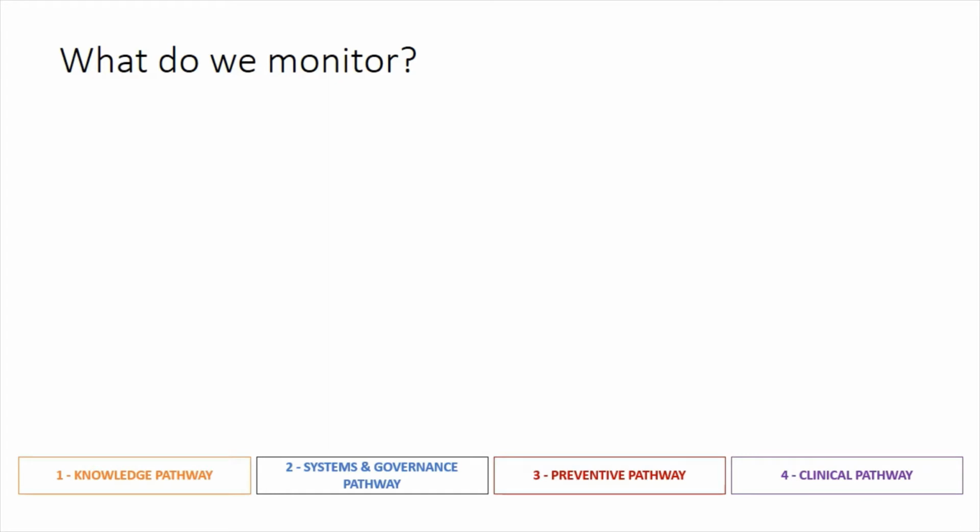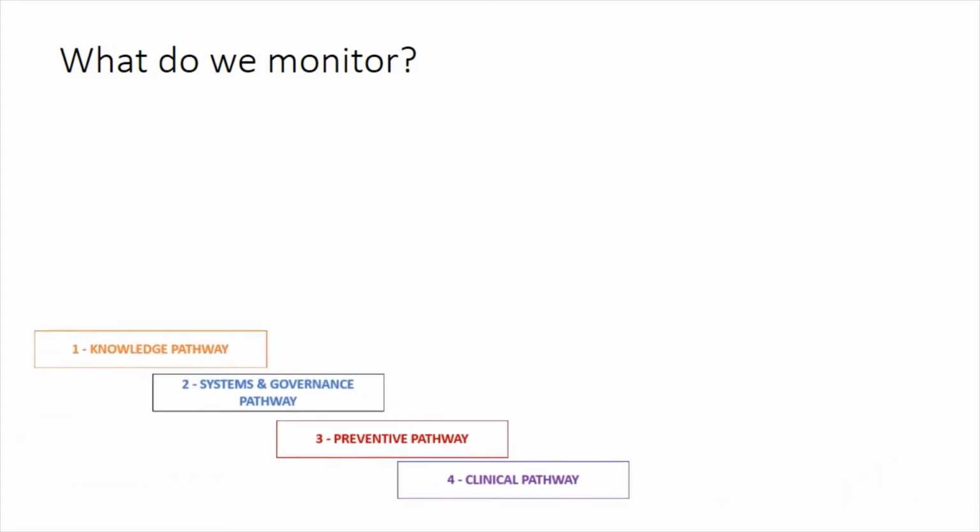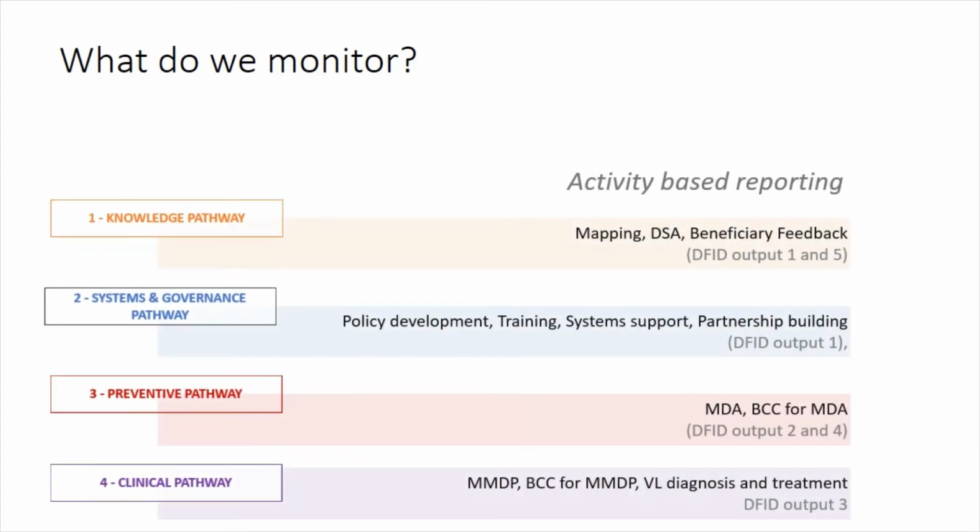So on this slide you see the 4 pathways once again. From left to right: the knowledge pathway, the systems and governance pathway, the preventive pathway, and the clinical pathway. Now, if we reorder these, you will see that we use activity-based reporting for each of these pathways. Again, for the knowledge pathway, it will be mapping, DSAs, and beneficiary feedback.